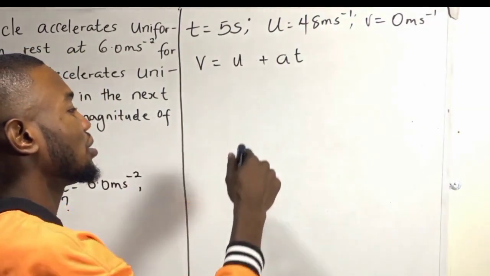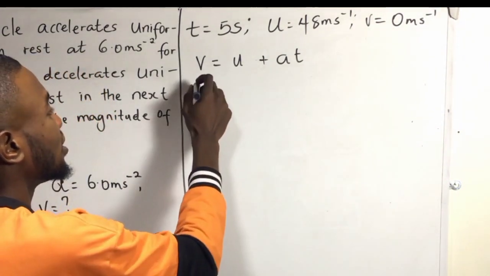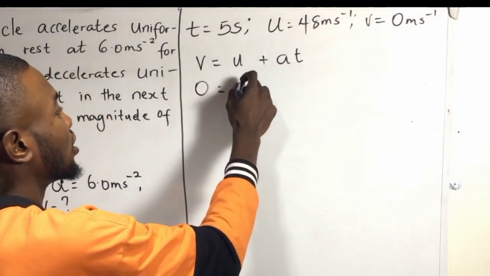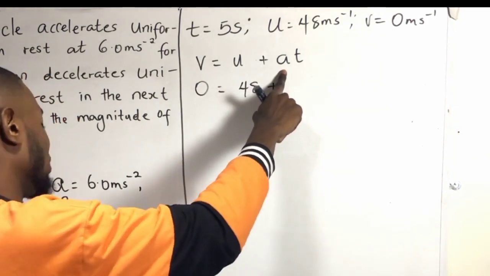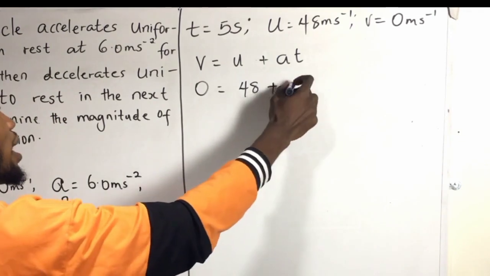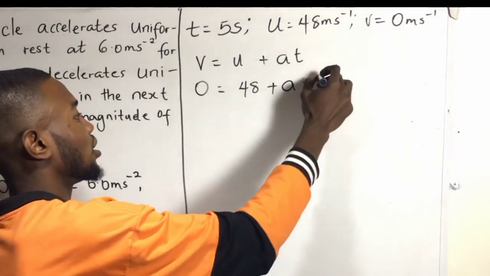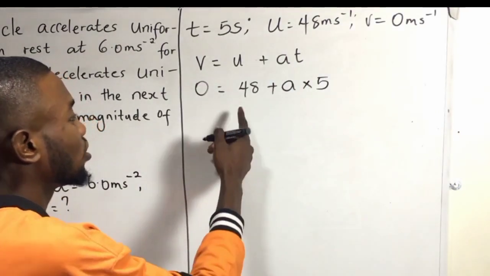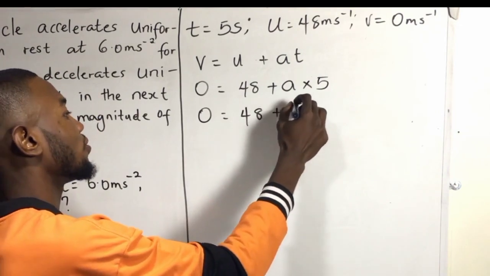But at the end, we are still going to arrive at our minus. So let's go. This is 0 now. The initial velocity is 48 plus. We are looking for the acceleration of that body, and that's going to be a, multiplied by the time taken for this to happen, which is just 5. So when we multiply this, we should have 48 plus 5a.